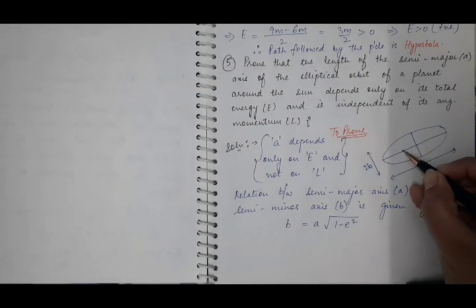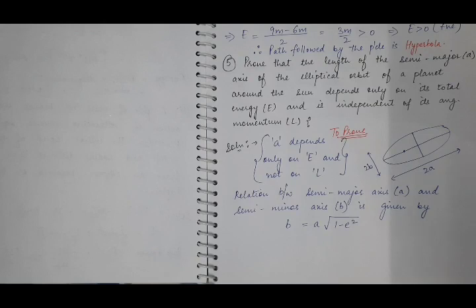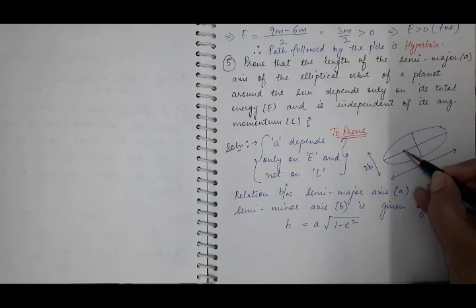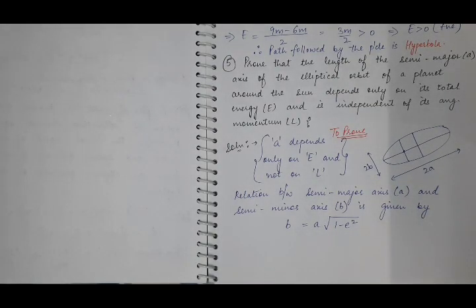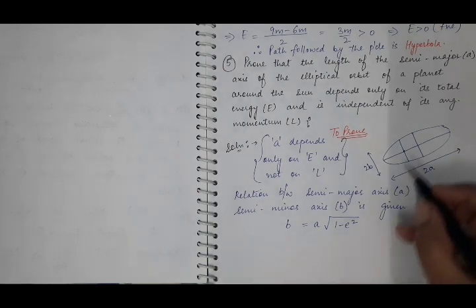And then suppose this is the focus of the ellipse, then the line which is passing through the focus is known as the latus rectum, and it is denoted by 2L. And we have another term which is the semi-latus rectum.